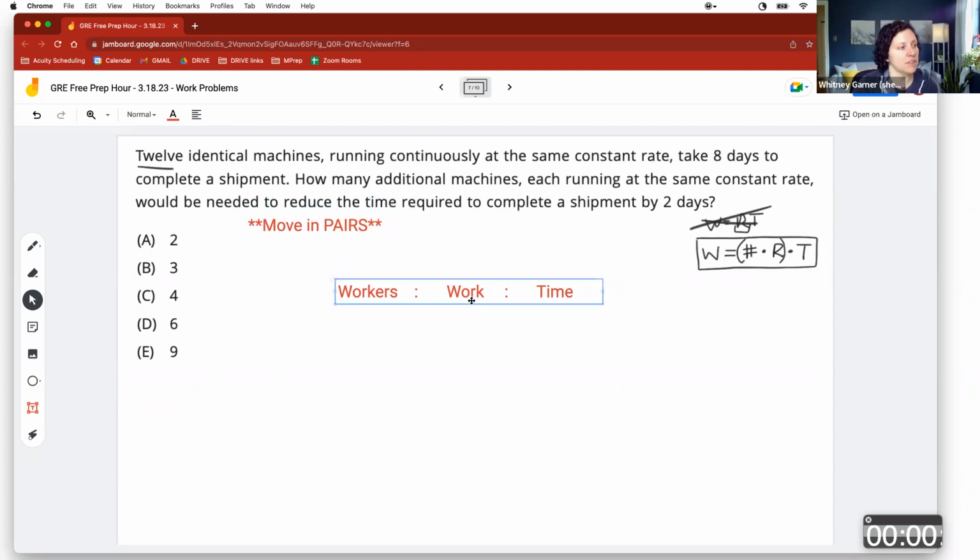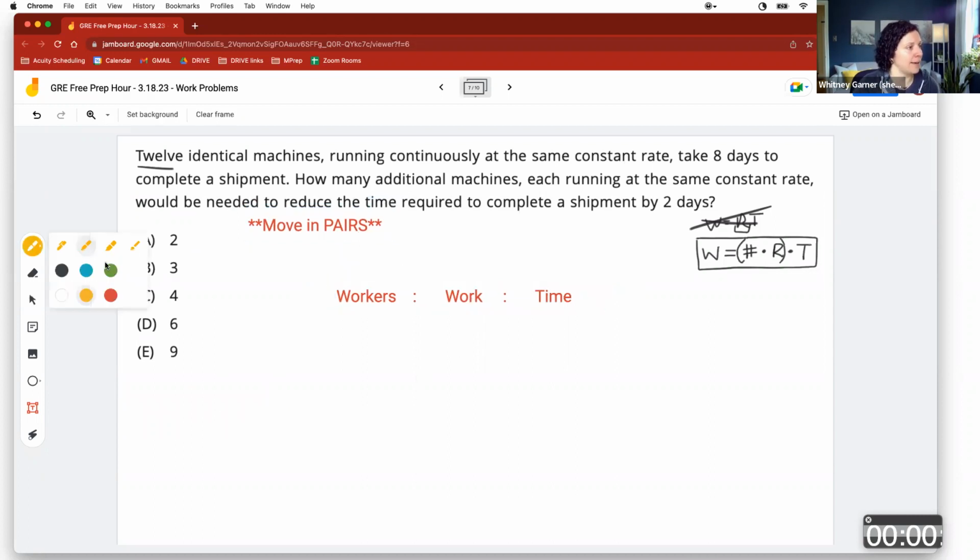Okay. Now, one of the things I need to recognize is that workers and work move together, and work and time also move together. Think about it this way. If I have more workers, I can get more work done.